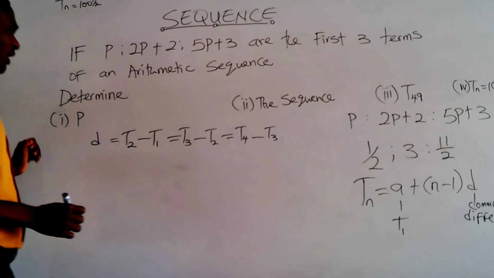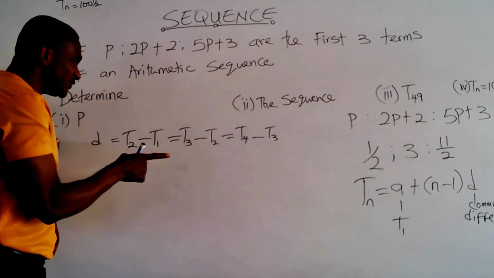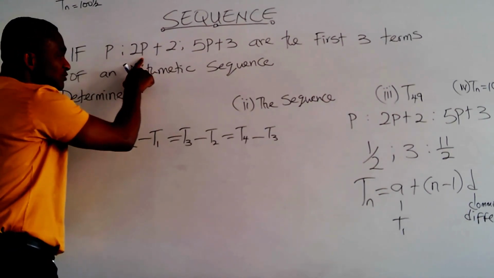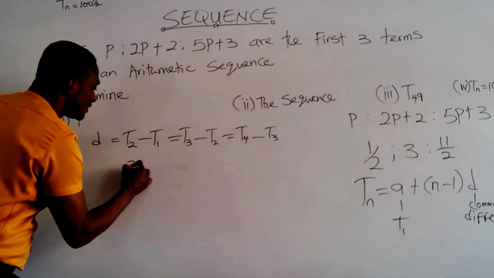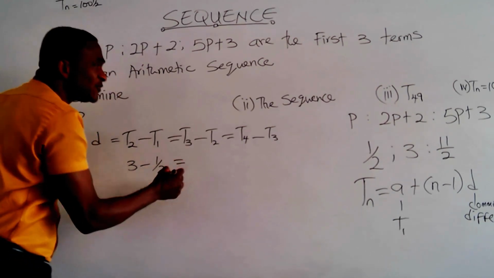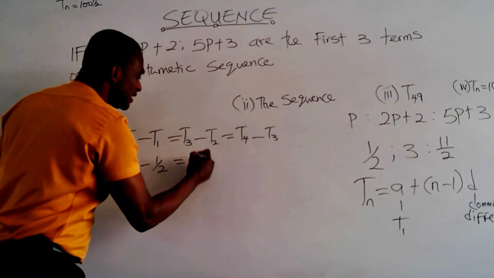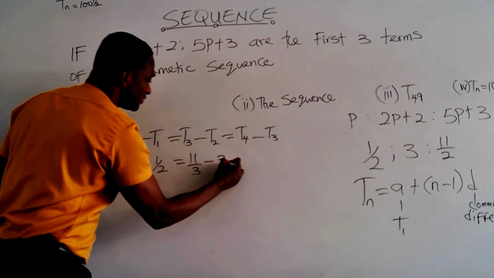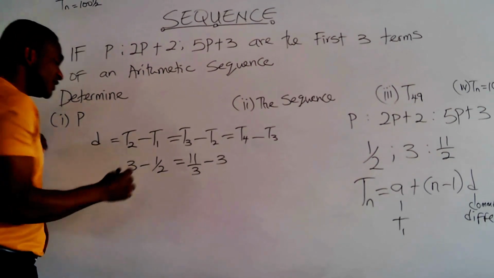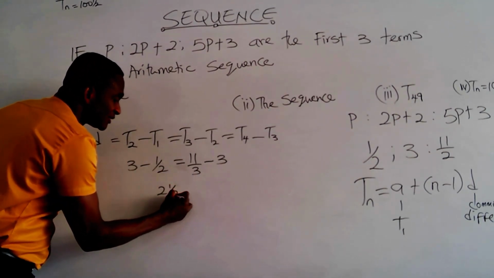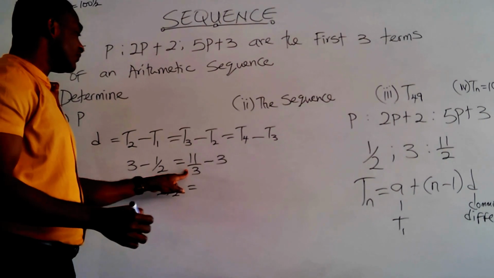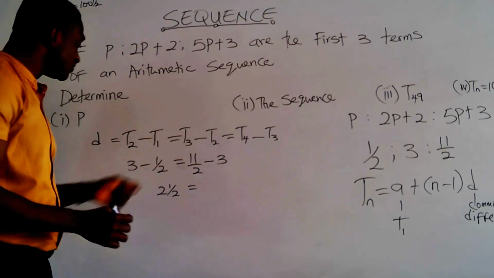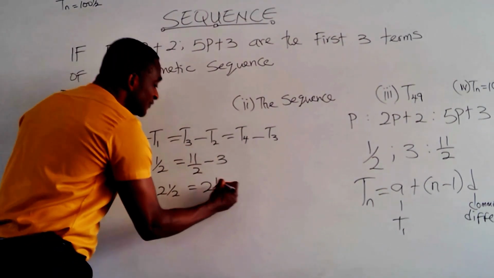Now, let's go on here. First of all, let's get our common difference. Remember, we got p as a half. So our common difference is term 2, which is 3, minus term 1, which is a half, and it is equivalent to term 3, which is 11 over 2, minus term 2, which is 3. Now look, 3 minus 1 over 2 is 2.5, and 11 over 2 is 5.5, minus 3 is also 2.5.